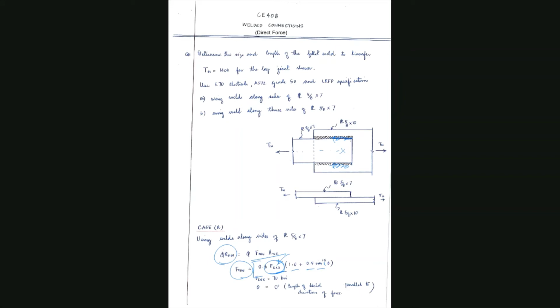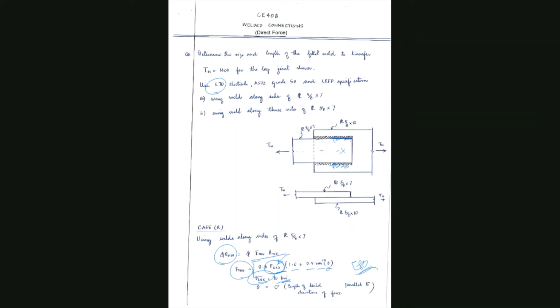Now F_EXX is 70 ksi, so that is given in the question. It is E70. Suppose you're given E60, you'll have to use 60 ksi over here. So you might get E60, E70. I think for the term project it is E80, so in that case you'll have to take F_EXX as 80 ksi. That's it. Now the unknown here is theta.